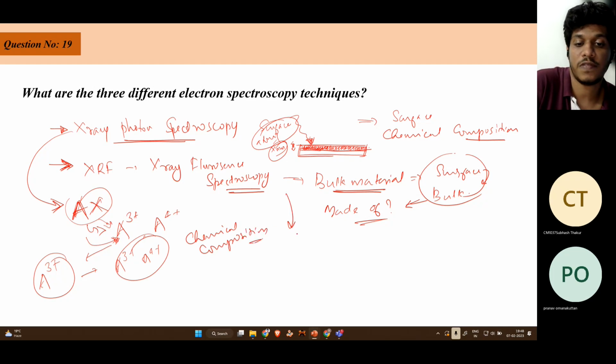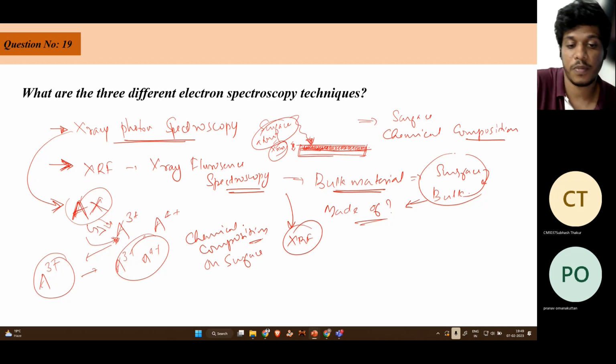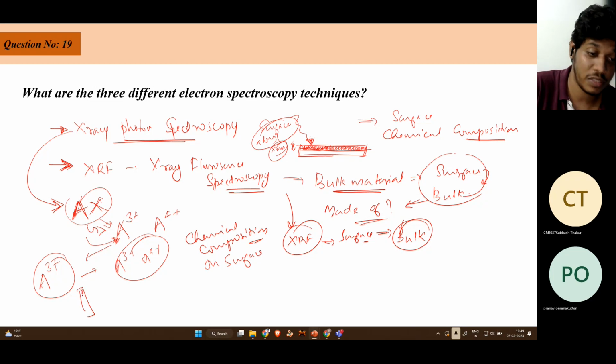Now, if you're doing an XRF study, instead of getting information about the surface, you get information about the bulk. In batteries, you may not be interested in the bulk of the electrode material, but you need to see how the surface of this electrode material interacts with the electrolyte ions.